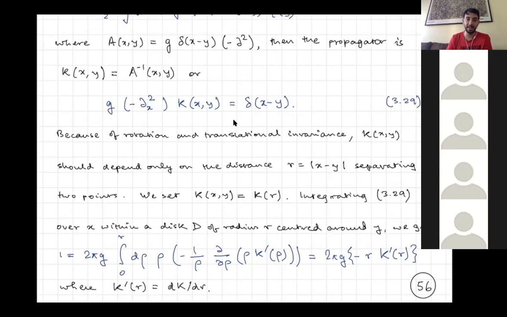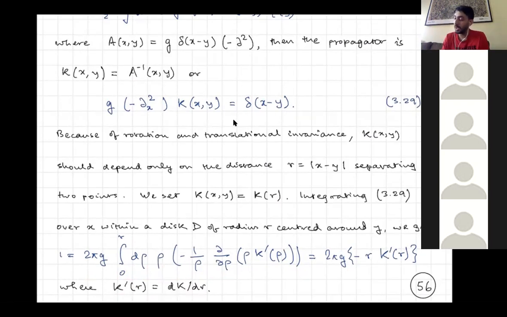You just write it in polar coordinates, and then you integrate from 0 to r, d rho, rho, times this object that we have here. This is just the del squared written in these coordinates, where the prime is given by K prime of r equals dK/dr.